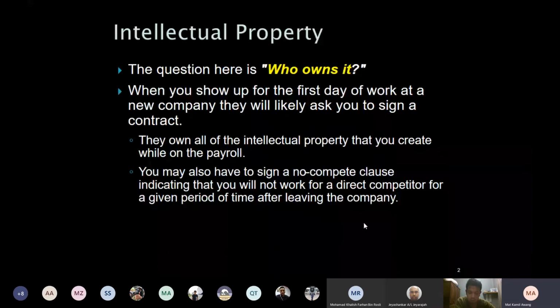So with a lot of this intellectual property, the question is always who owns it? Intellectual property, we call it IP. Who owns it?